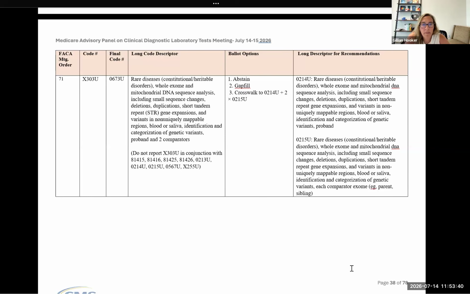So the sponsor recommended 1 unit of 0214U, the proband sequence analysis, plus 2 units of 0215U, the proband comparators. And both the subcommittee and myself agreed with this recommendation for that crosswalk to those codes, 0214U plus 2 units of 0215U. Fantastic. Do we have any questions or comments from panelists or CMS on this code?